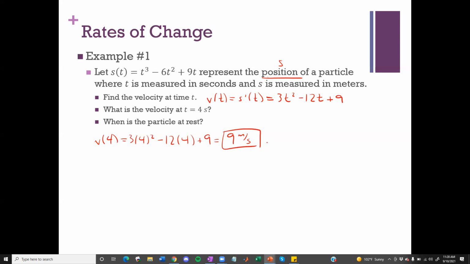Okay. So in this case, how can I answer this question given the mathematical information I have? I need to set the derivative equal to 0. So I need v of t to equal 0, which means 3t squared minus 12t plus 9 equals 0.